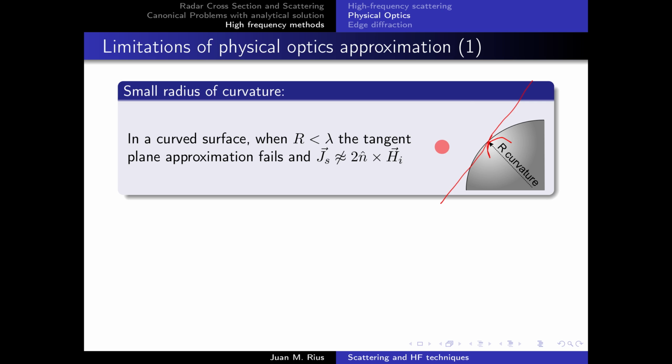Then the physical optics approximation will fail. In practice, it works quite well for radius of curvature larger than, let's say, 1 lambda, but even with half lambda, it's not bad. But anyway, to be more rigorous, I will say 1 lambda.